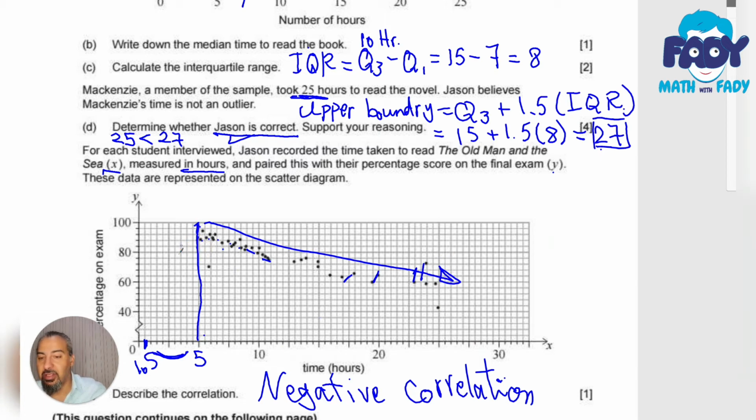This data range means that x goes from 5 till here, we can say 25. So if you are using this equation within this data range, this is a good estimate, a correct, valid estimate.